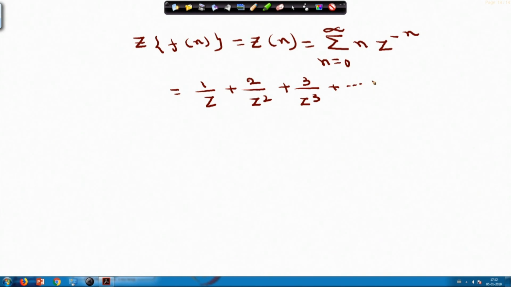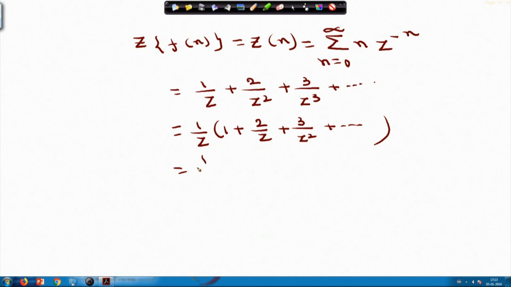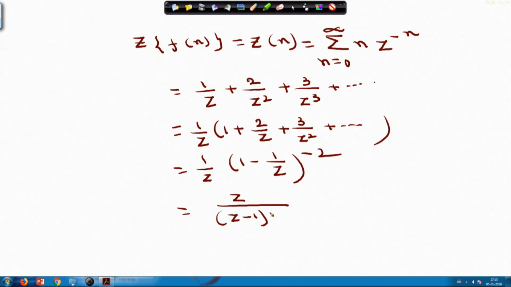So 1 by z, if I take common, this will be 1 plus 2 by z plus 3 by z square, like this. This equals 1 by z into 1 minus 1 by z to the power minus 2. So by simplification I can write z by z minus 1 whole square.